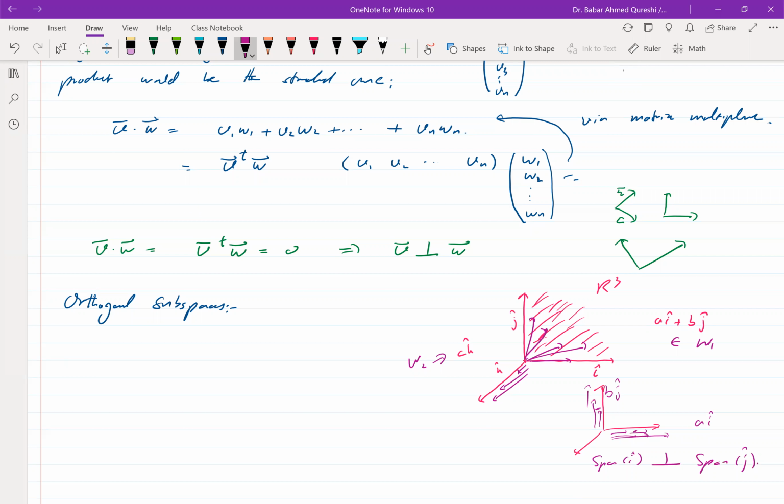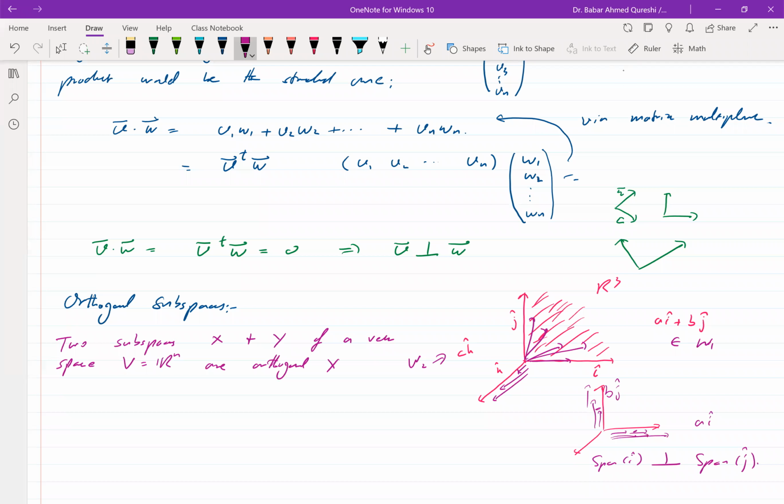So that's the idea. If you have two subspaces, let's say X and Y, of a vector space V, which for me today is Rn, they are orthogonal.